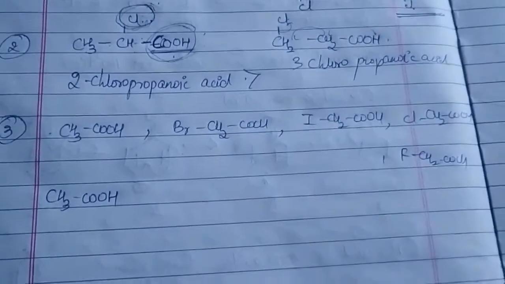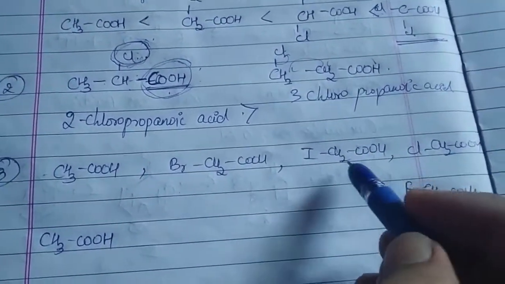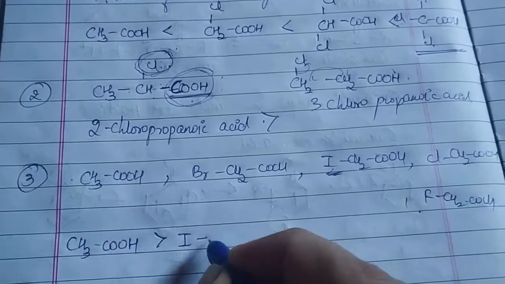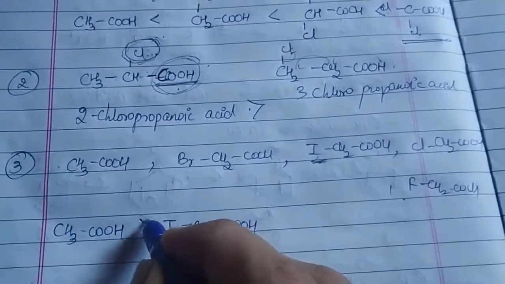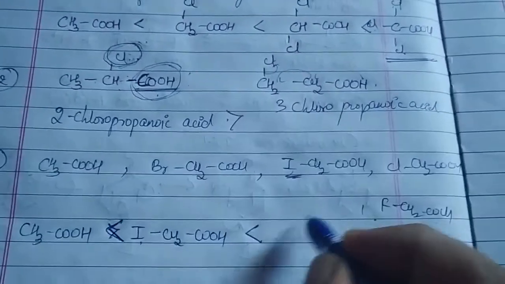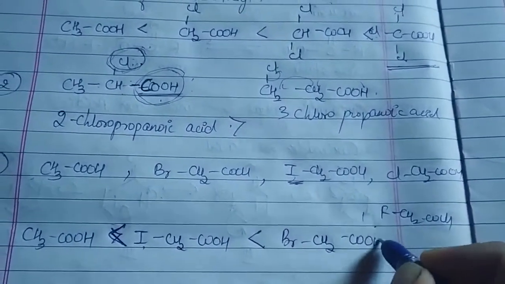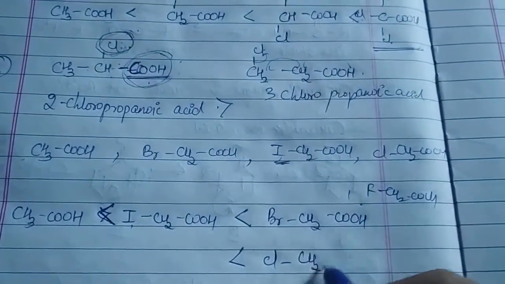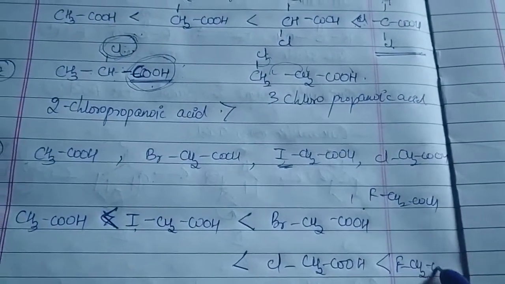Then which is highly electronegative? Of course, we know fluorine is the most electronegative, and the least one is iodine. So the order is: the least is acetic acid, then iodoacetic acid, then bromoacetic acid, then chloroacetic acid, and at the final we have fluoroacetic acid.